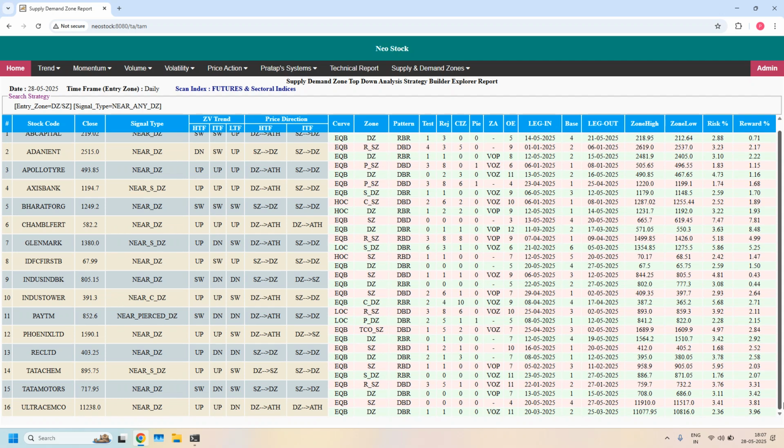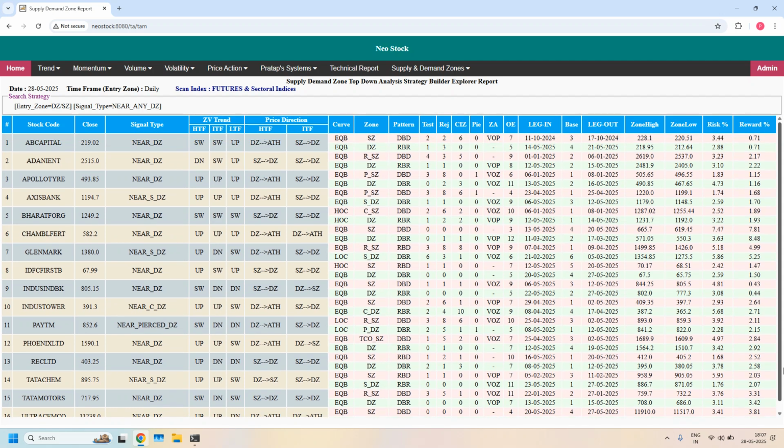We got 16 stocks. Let us identify daily high liquidity demand zones from this list. Axis Bank is having a daily high liquidity demand zone. Glenmark is having a daily high liquidity demand zone.